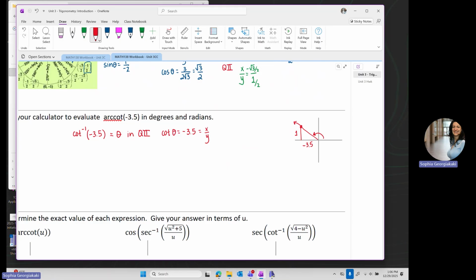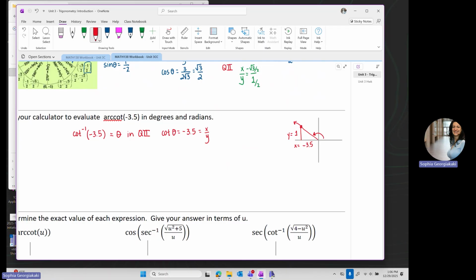If I convert -3.5 to -7/2, then it will be -7 for the x and the y will be 2. But this is obviously not one of the numbers that I already know from my familiar angles that are multiples of 30 or 45, so I'm going to have to use my calculator.